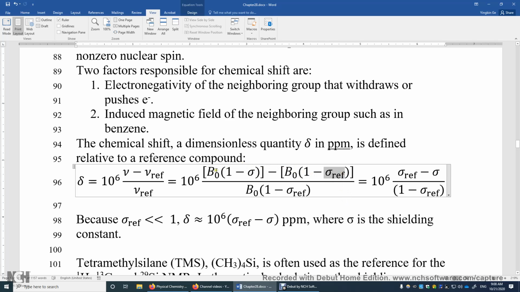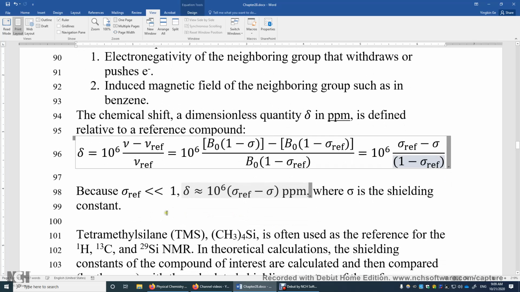And then we cancel B naught, and we simplify the top. The top is going to be just sigma reference minus sigma. The bottom is 1 minus sigma reference. Because the sigma of TMS is so much smaller than 1, we can say this is approximately 1. 1 minus 0.000001 is roughly 1.